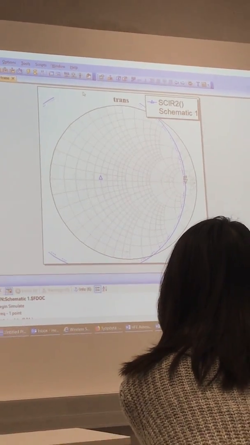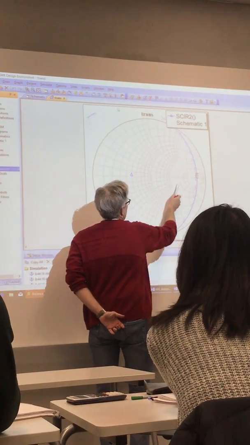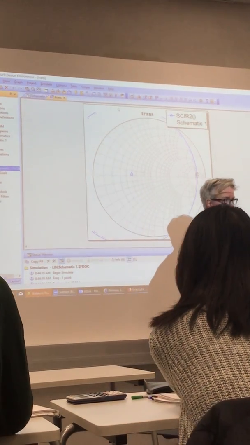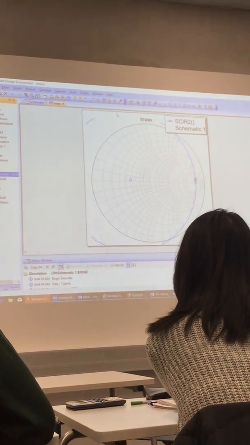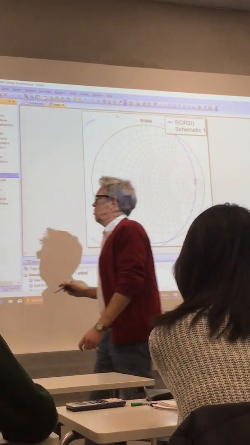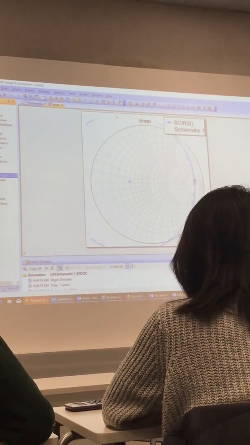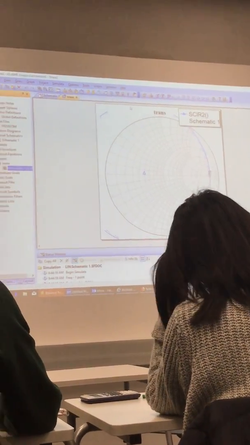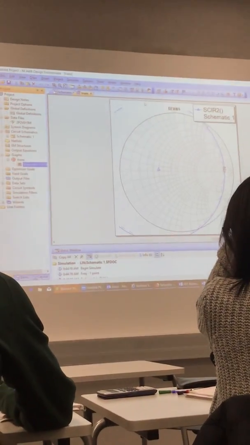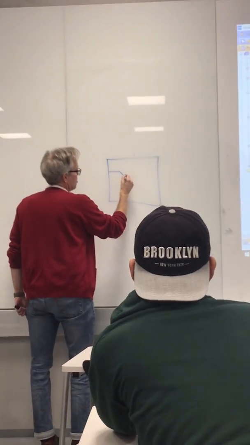And whenever I select the output reflection coefficient from this side, it should give us a negative resistance at the input.